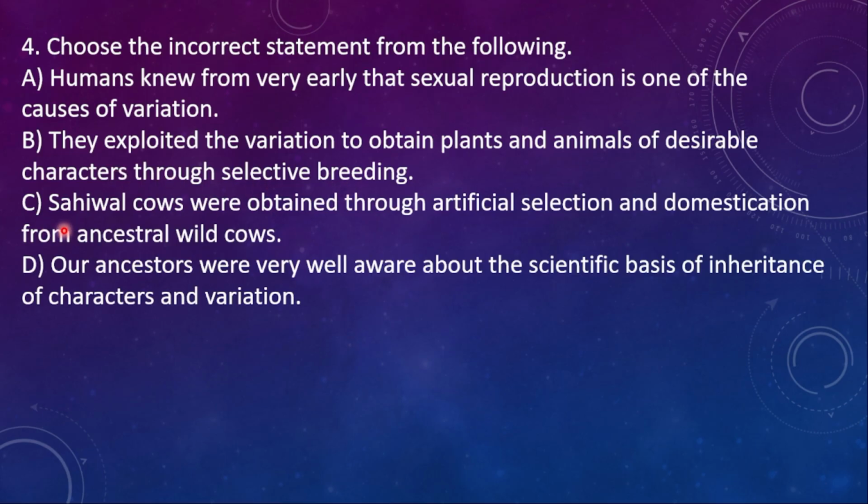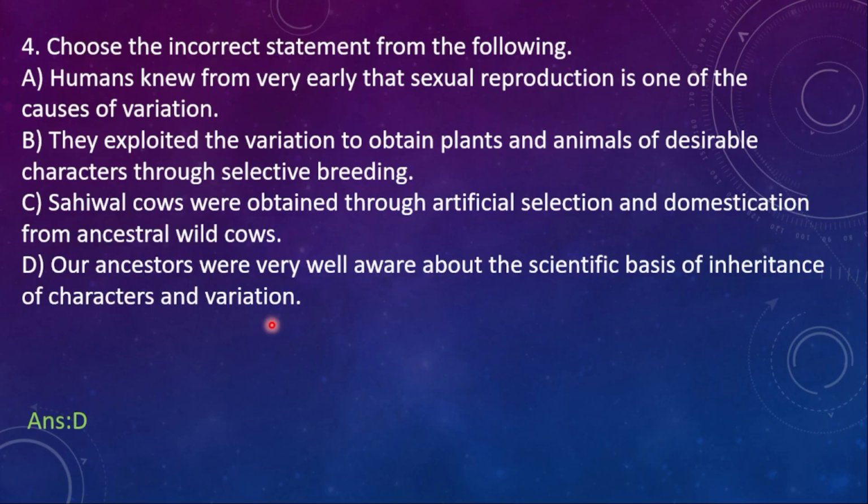C. Sahiwal cows were obtained through artificial selection and then domestication from ancestral wild cows. And D. Our ancestors were very well aware about the scientific basis of inheritance of the characters and variation. So here the incorrect statement is D.